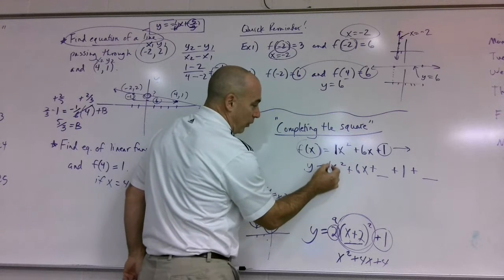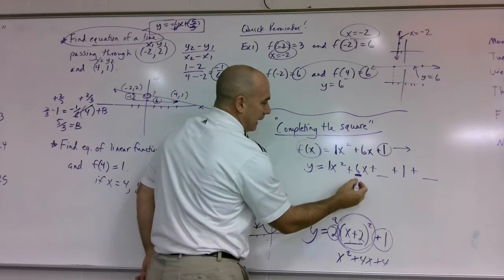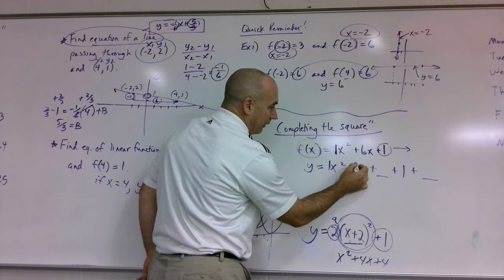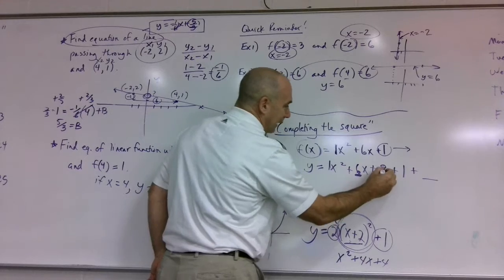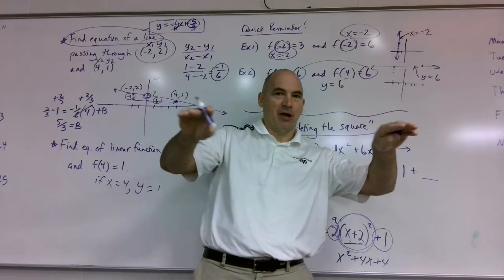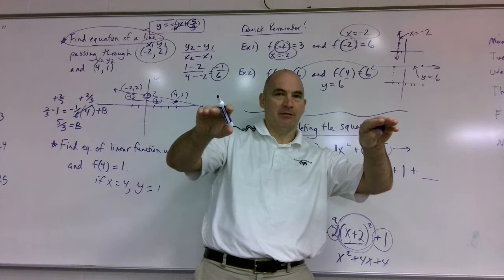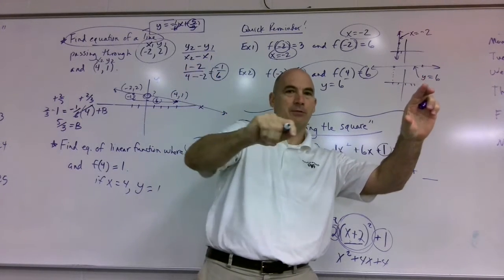So if this is a 1, you go to the middle coefficient right there, and you take half and you square it. What's half of 6? 3. Square it? 9. Now wait a minute. I think of an equation as like a seesaw, a teeter-totter, perfect balance. So you got a 100-pound person here and a 100-pound person here, and you got this little fulcrum in the middle.